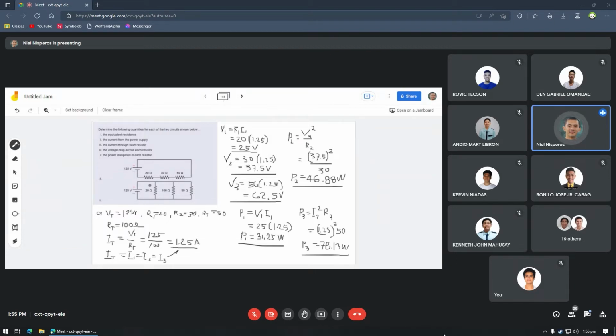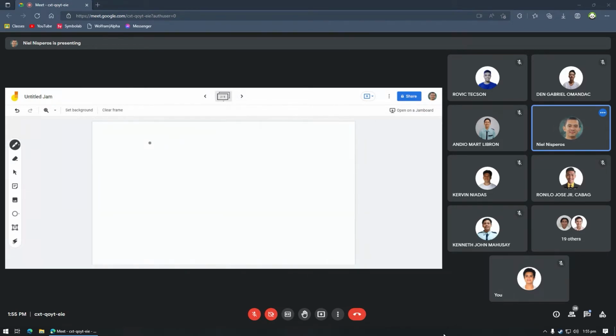Now we'll proceed with circuit B, wherein we still have 3 resistors, connected in parallel. The values are 20, 100, and 50. Okay. So for B, we have a voltage total of 125 volts.